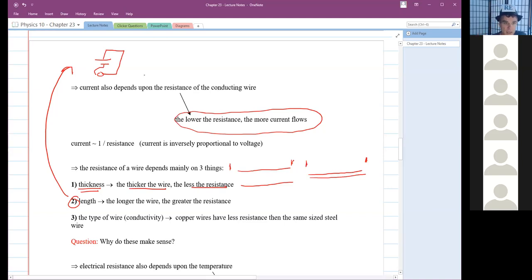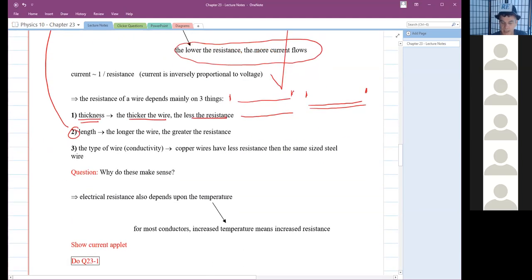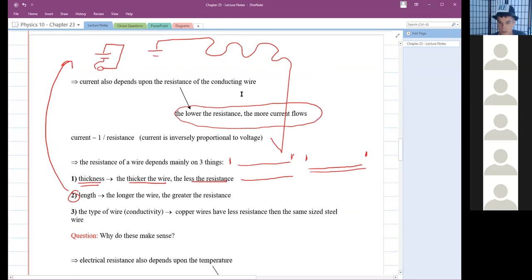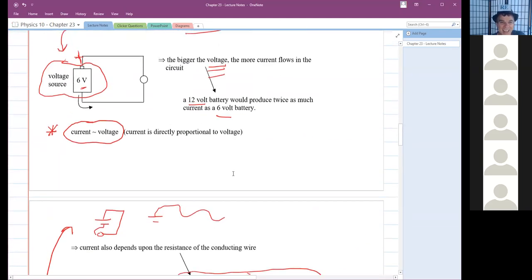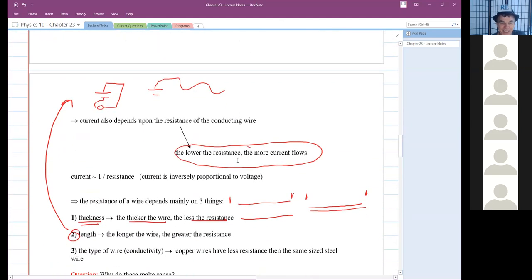Well, if I had this same battery and the same light bulb, but now I had a wire which is 20 times longer.